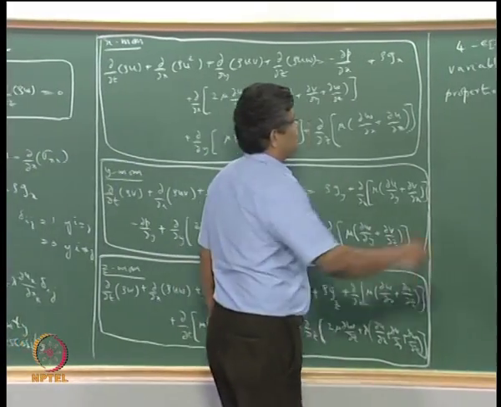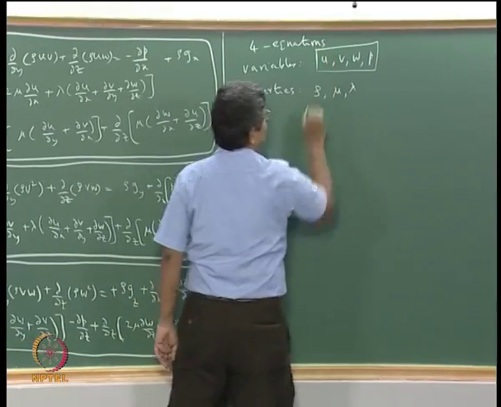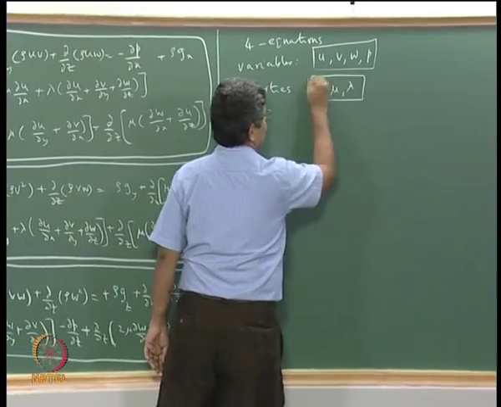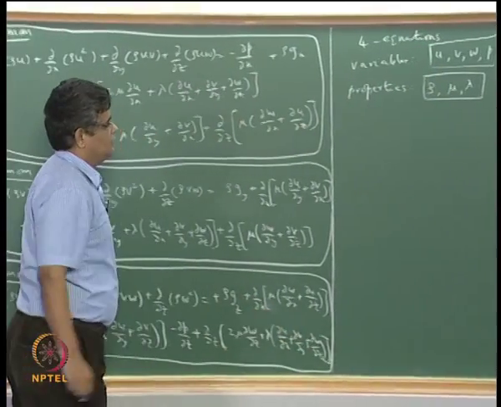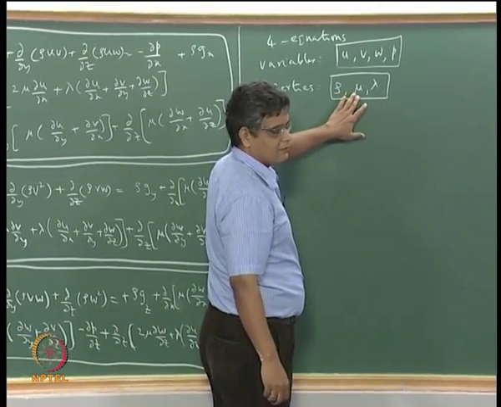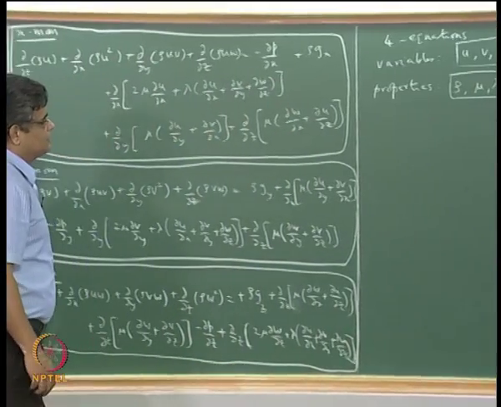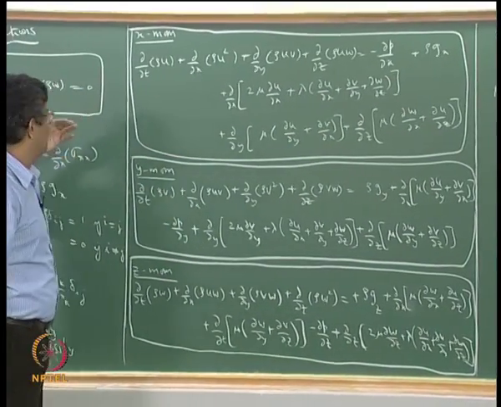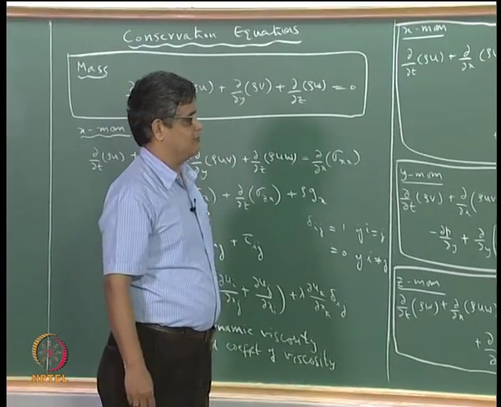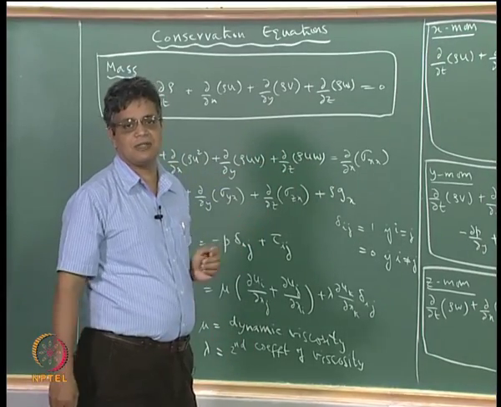So we have now 4 equations for the 4 variables for given properties of the fluid. So the properties that are needed are the density, the dynamic viscosity, and the second coefficient of viscosity. Okay. So in that sense we can now claim that we have as many equations as there are variables. We have derived these equations subject to some conditions.